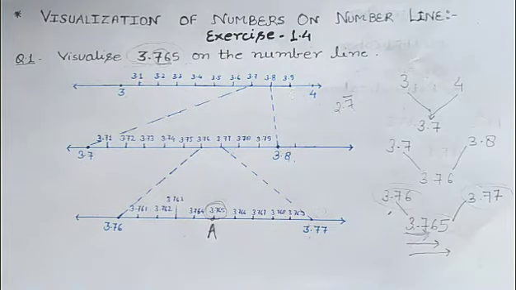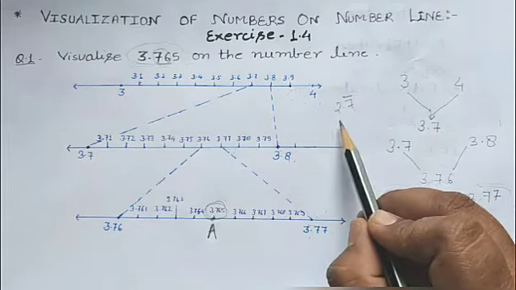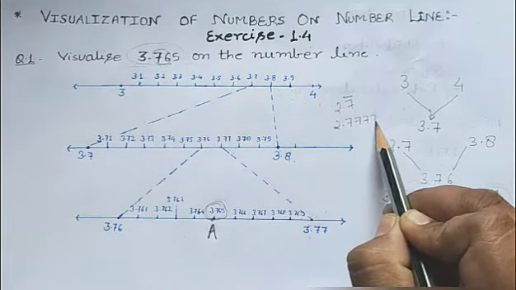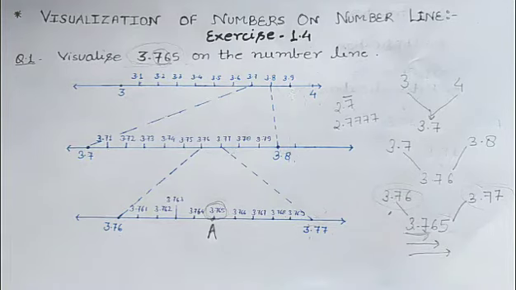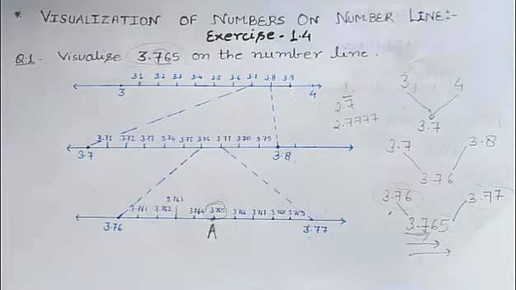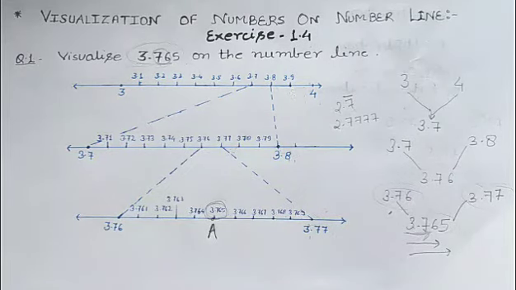How will we reach this number? We will show this number up to 4 places of decimal, then also we will show it correctly. So this method is known as the successive visualization method.